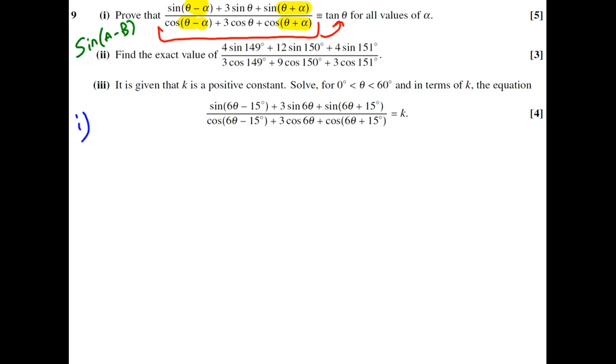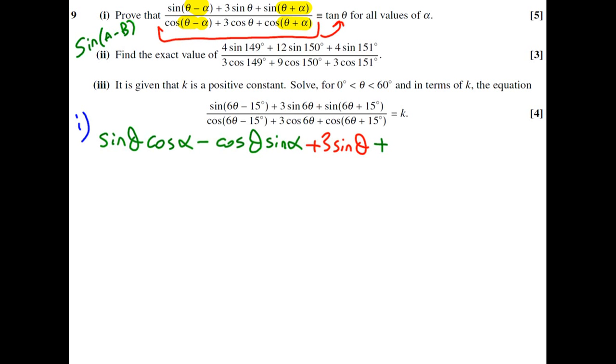And we get sine theta cos alpha. Because it's minus, it's a minus here. Cos theta sine alpha. It's the first bit done. Next bit can stay the same. It's already in terms of sine of just a single angle.